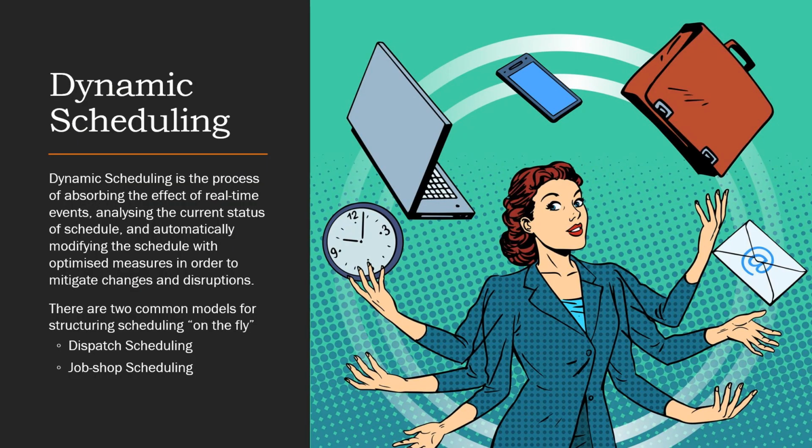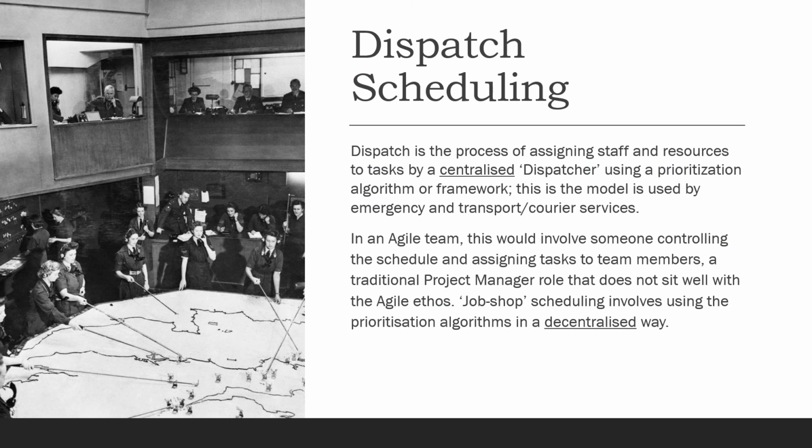Models already exist to provide structure to dynamic scheduling, to working out task allocation on the fly. Two common models are called dispatch scheduling and job shop scheduling. In dispatch scheduling, the process of assigning staff and resources to tasks in real time or near real time is performed by a centralized dispatcher, a person or organization, using some kind of prioritization framework or algorithm.